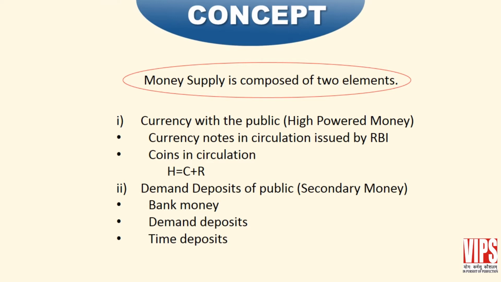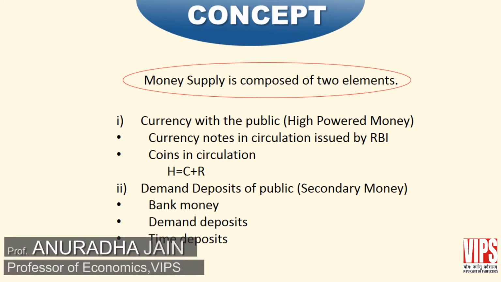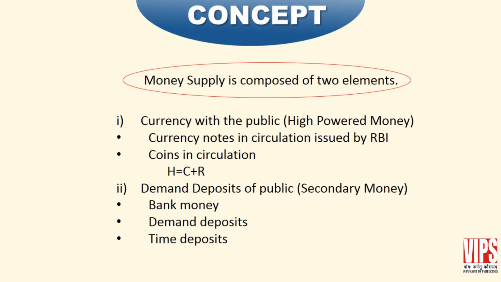The high-powered money and the credit money broadly constitute the most common measure of money supply, or the total money stock of the country. High-powered money, as we can see here, can be denoted as H = C + R. And demand deposits of the public, that is secondary money or credit money, consist of bank money, demand deposits and time deposits.